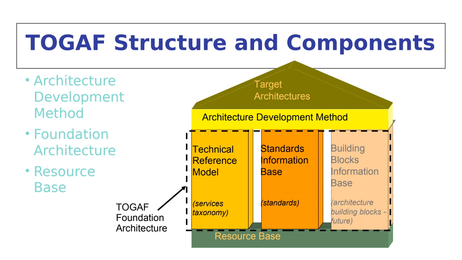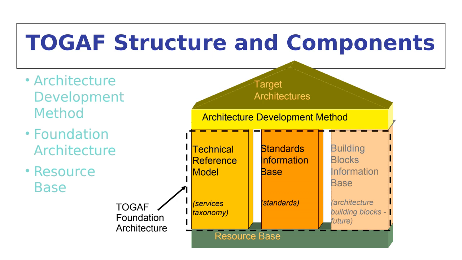For the TOGAF structure and components, we have the architecture development method, ADM. Then we have the foundation architecture, this one in the middle. Then we have the resource base, what is needed for the other two components.